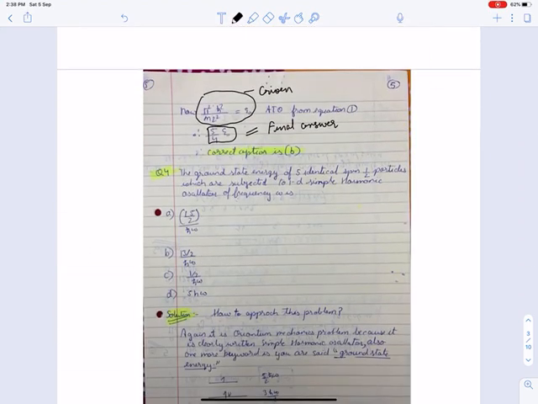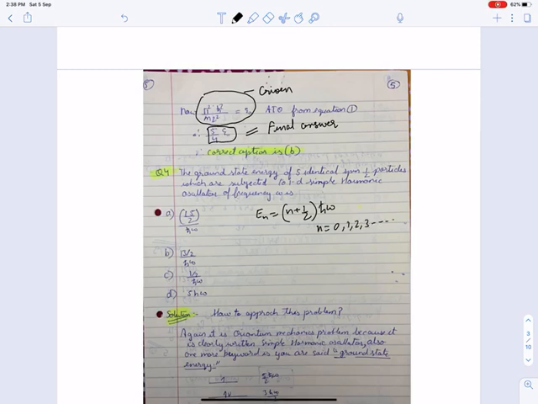So now the fourth sum: the ground state energy of 5 identical spin half particles which are subjected to a 1D simple harmonic oscillator. Basically, the harmonic oscillator energy level is given by n plus half h cut omega, where n equals 0, 1, 2, 3.